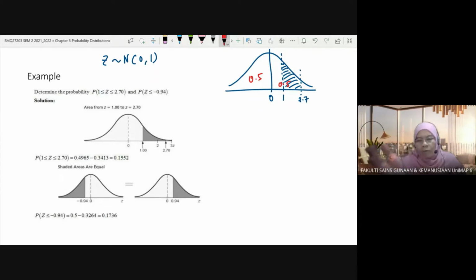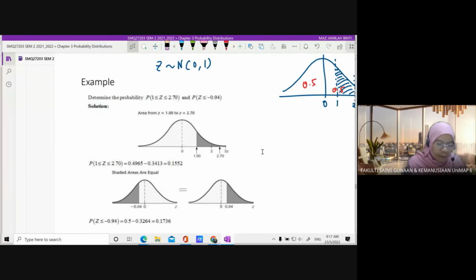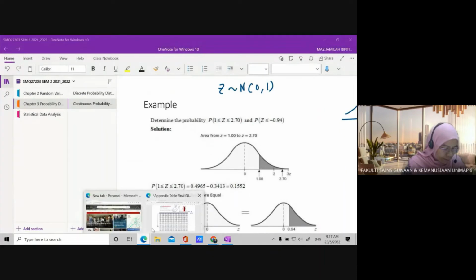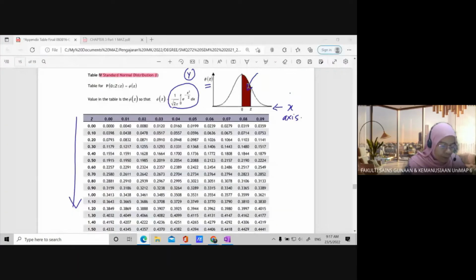Adding the two areas, you will get one probability value. Now, how are we going to solve this? Okay, go back to our table just now. Okay, class. See, the given probability value is from 0 until the Z value. So how are we going to use this concept to solve our equation?